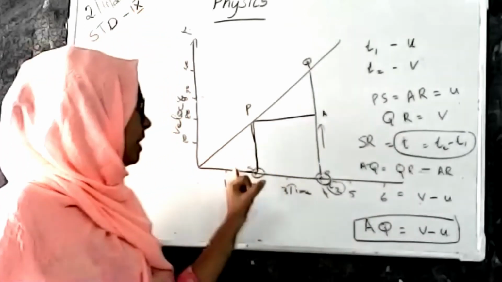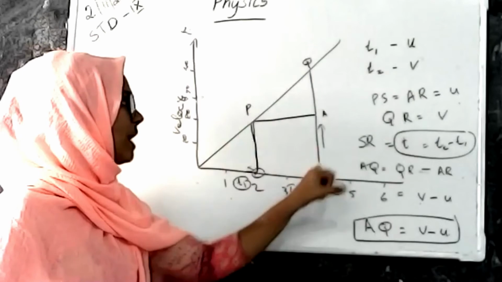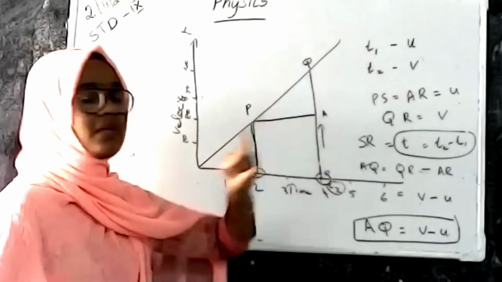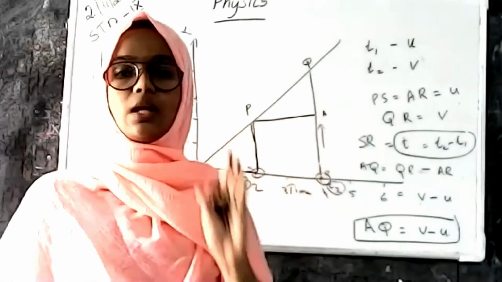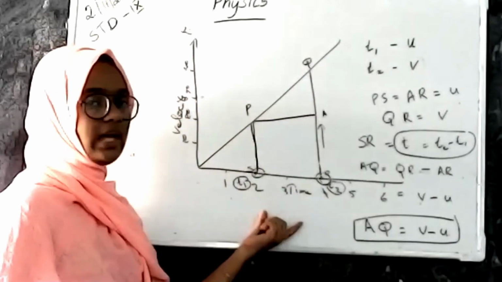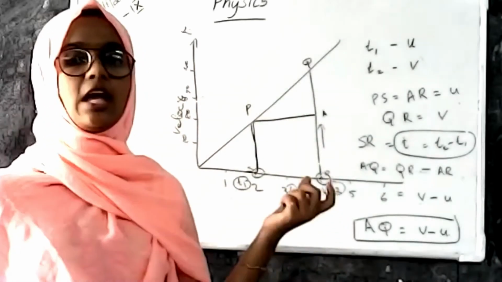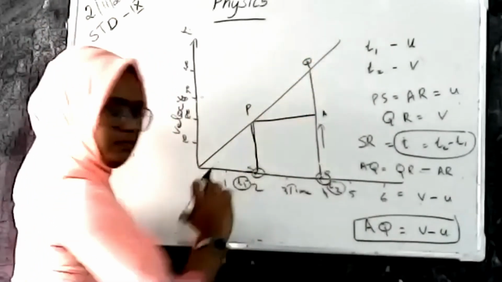First is from T1, that is PS, second is from T2, that is RQ, and third is from P, that is A. So here are 3 perpendiculars and we get a trapezium, and the name of that trapezium is PQRS.